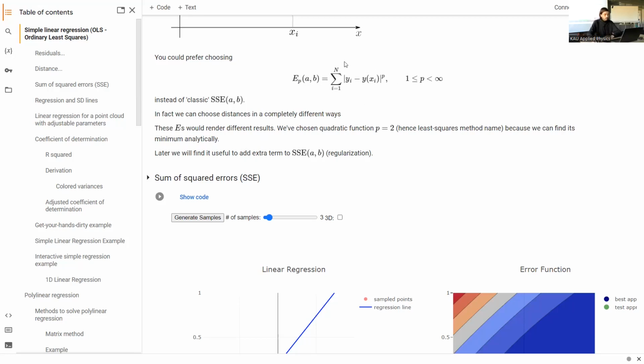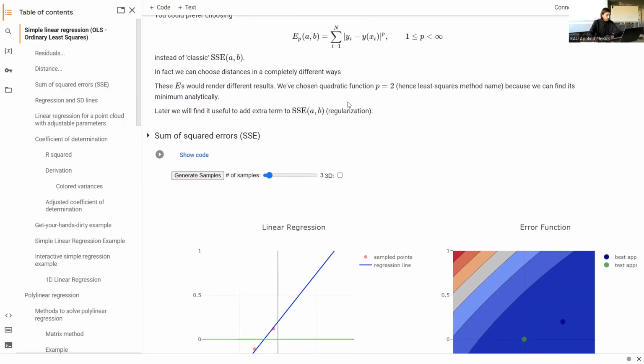But of course, there are many special cases, and in some articles or works you can see different methods to calculate these distances. So here is an example, something like Lp distances. Okay.